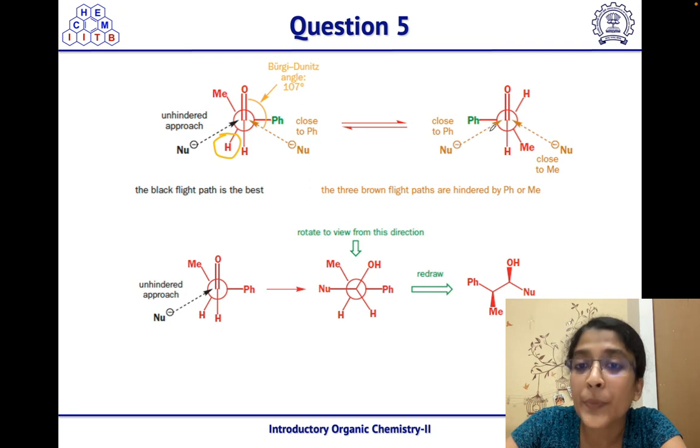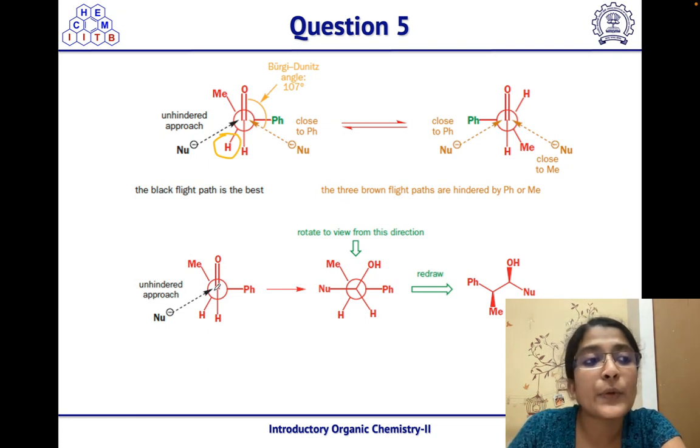Here it is close to phenyl when the nucleophile is attacking from this direction. Here when the nucleophile is attacking, it is close to the methyl group, and because of that this attack will be less favored. So the more favored attack will be from this side where the smallest hydrogen group is present. So nucleophile will attack from this position.